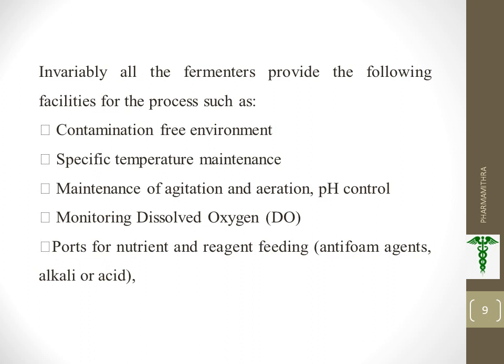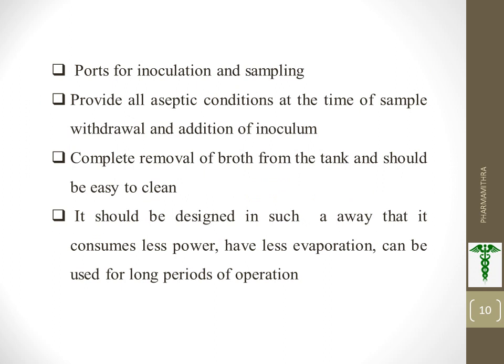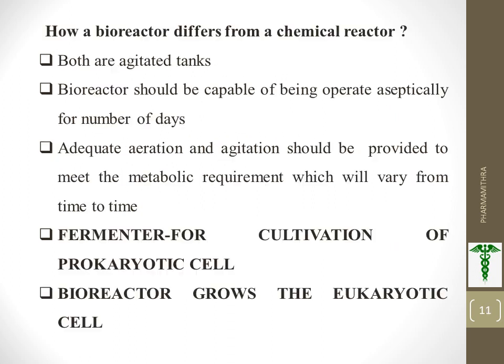In addition, we want to add an antifoam agent to adjust the pH. There is a port for inoculation and sampling, and aseptic conditions should be provided at the time of sample withdrawal as well as while adding inoculum. Finally, we want complete removal of broth from the tank, and it should be easy to clean. The fermenter should be designed in such a way that it consumes less power, has less evaporation, and can be maintained for a long period of operation.